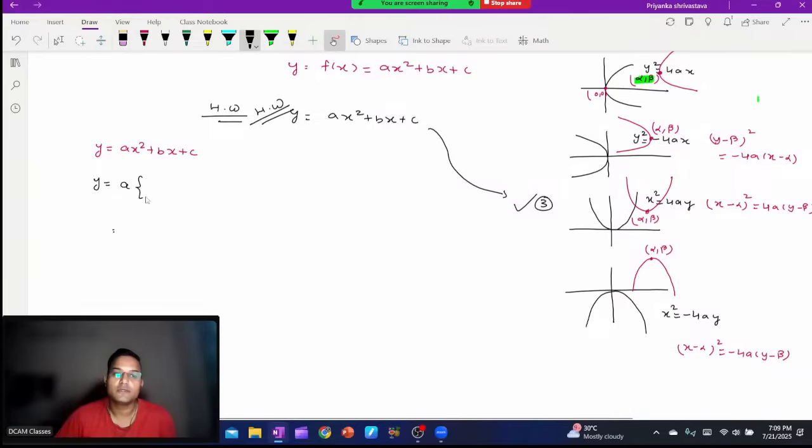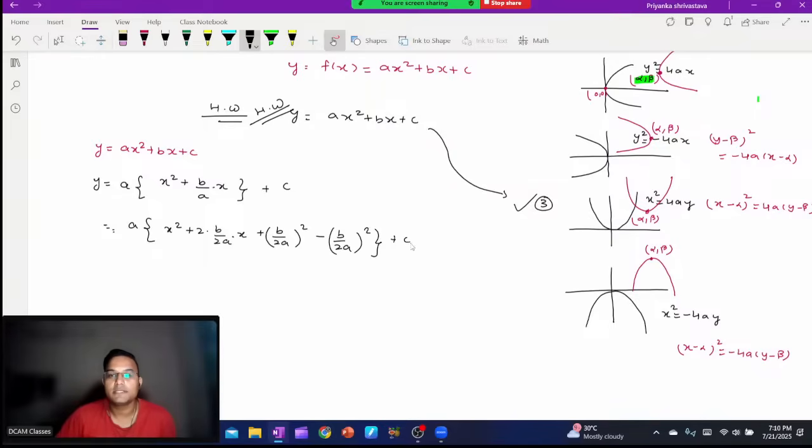Take a common first. It will become x square plus b by a into x plus c. You can write it as a into x square plus 2 into b by 2a into x plus b by 2a whole square, minus b by 2a whole square, plus c.